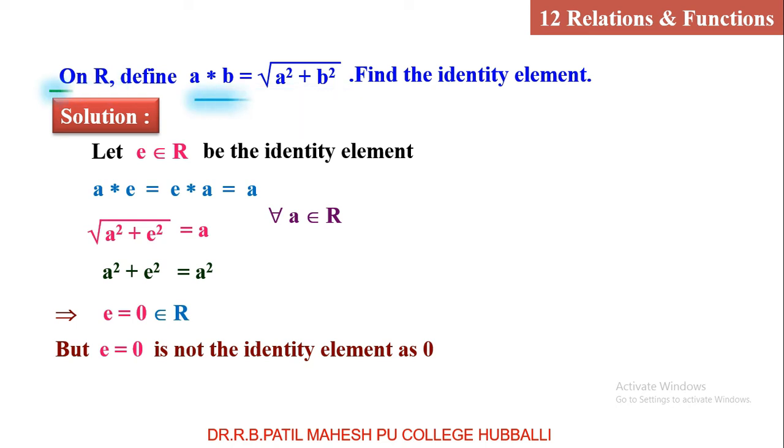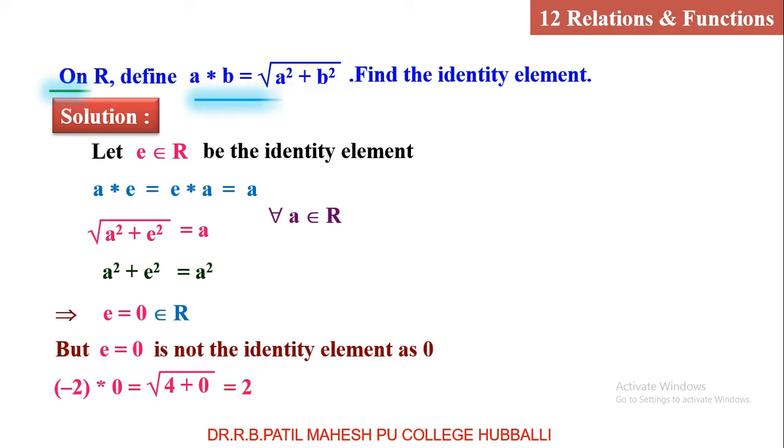Why is it not going to be the identity element? Even though that element belongs to the given set R, because if you say minus 2 star 0, it is minus 2 only you should get. But if you apply the operation, root of a square plus b square, I get root of (minus 2) square plus 0 square, that is root of 4 plus 0, that will be 2.